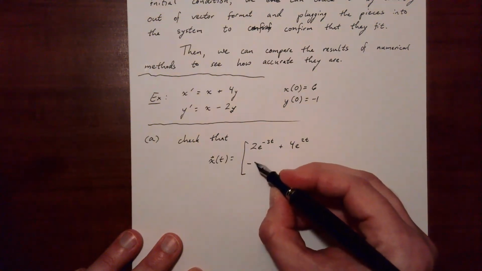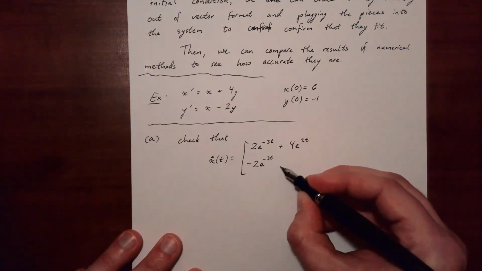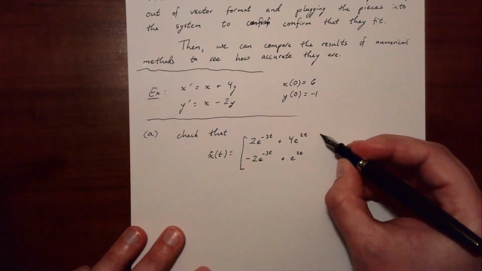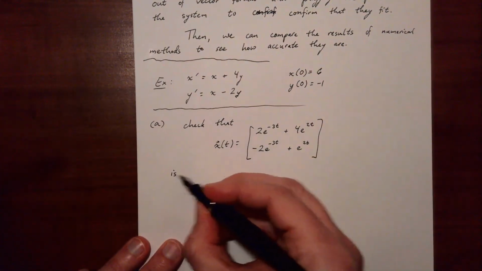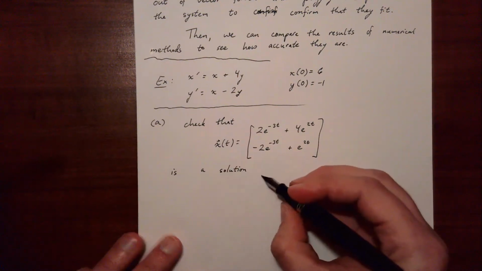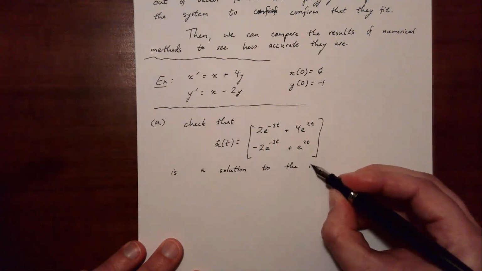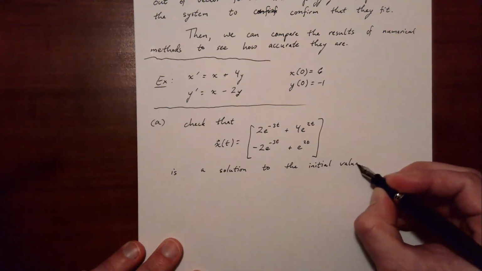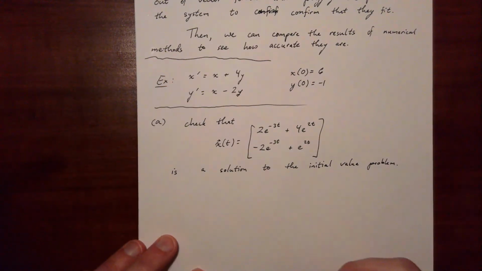The next row is negative 2e to the negative 3t plus e to the 2t. So that's our second row. So check that this is a solution to the initial value problem.